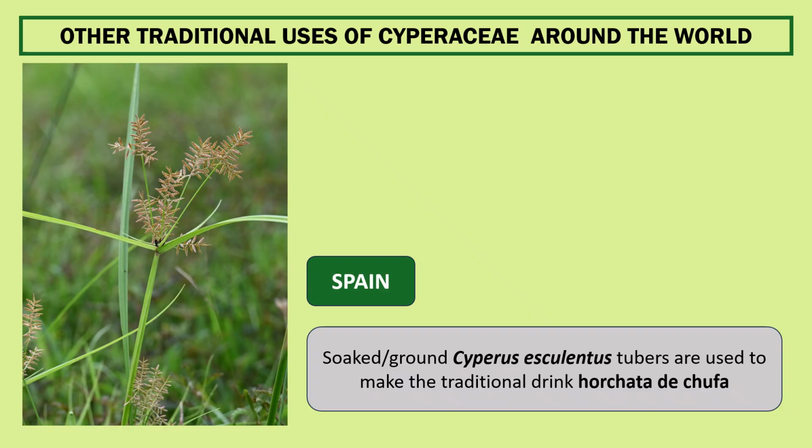Again, talking about Cyperus esculentus, the tubers are used to make a traditional drink in Spain. You will find the traditional drink horchata de chufa in Spain. I might not pronounce it well, but yes, they use it as a traditional drink.